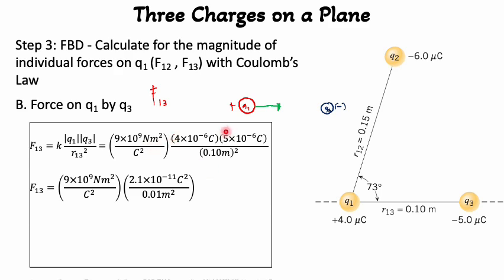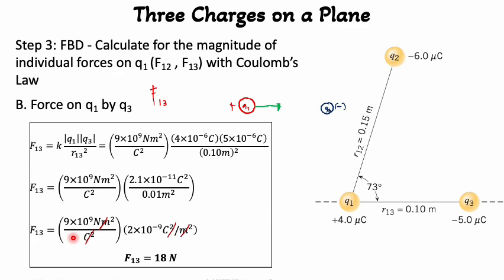The charges first, we get 2.1 times 10 raised to negative 11 coulomb squared. The square of the separation distance is 0.01 meters squared. Dividing the two, you will get 2 times 10 raised to negative 9 coulomb squared per meter squared. And then multiply, just the same process. So, the force acting on Q1 by Q3 is equal to 18 newtons.